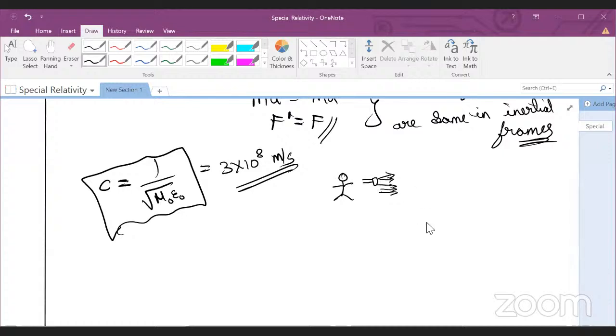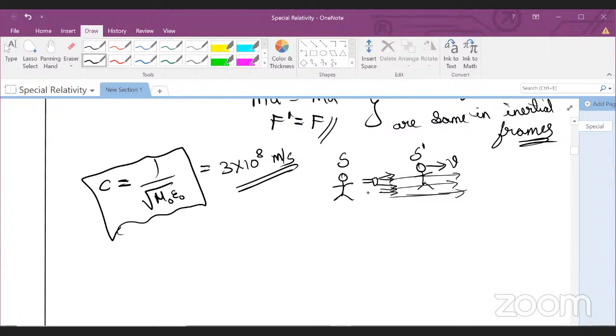This person is at rest, say S frame. But say another person who is moving with velocity v, and this light will go like this, right? The light moves. So what will the velocity of light be according to the S dash frame?